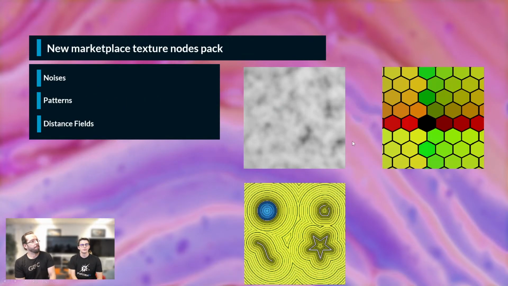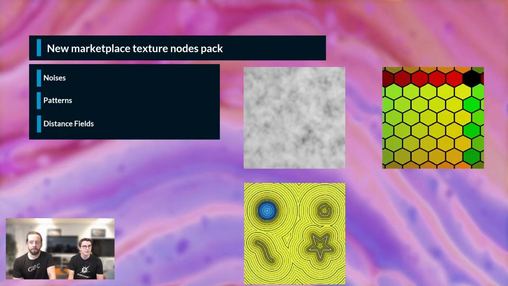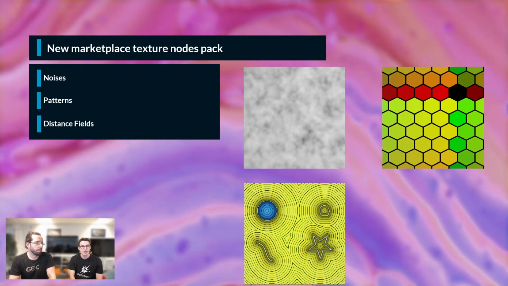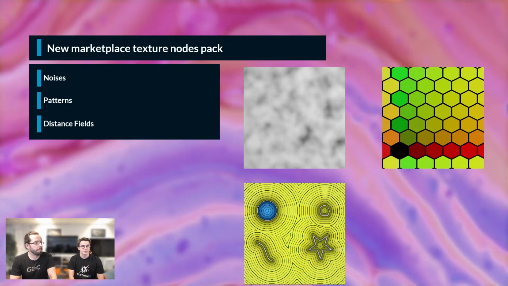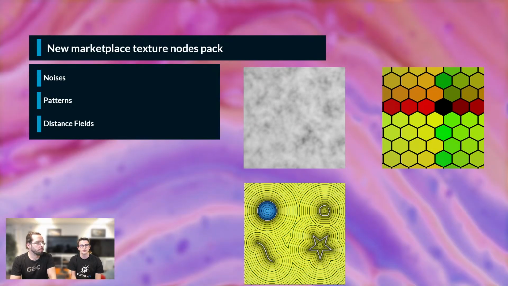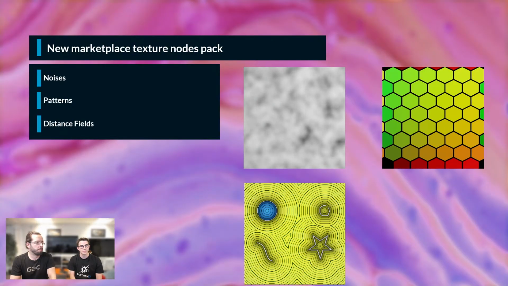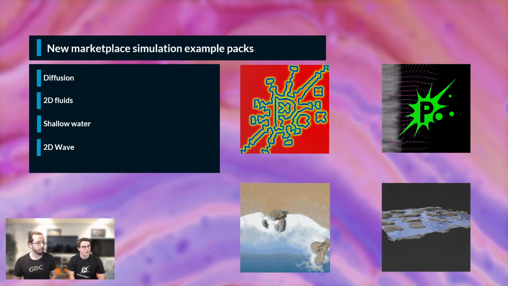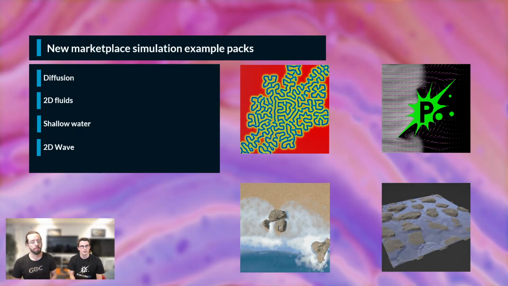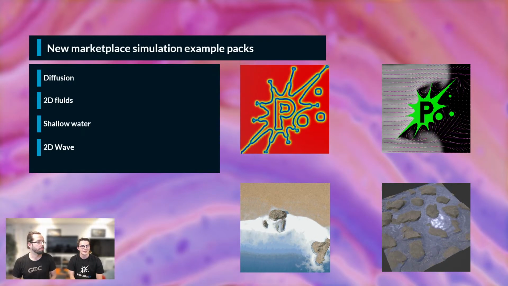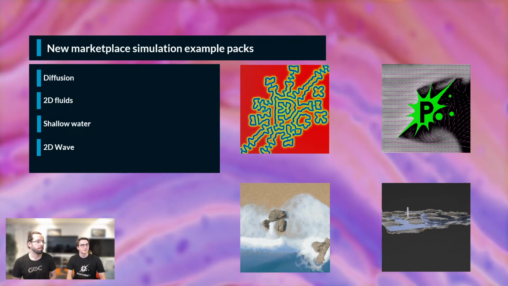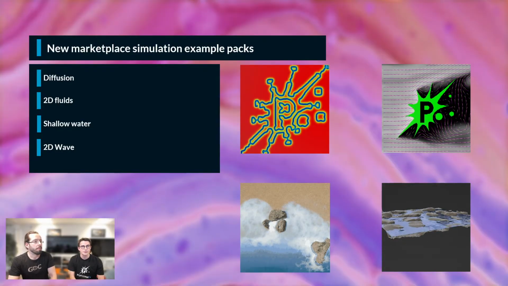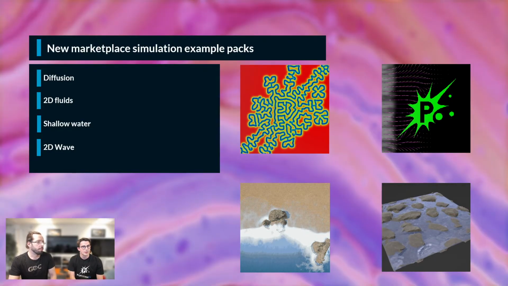To complement the new texture generation stuff, we are going to provide a pack in the marketplace with noise patterns and distance field stuff to allow you to create procedural textures more easily within the editor. And with this version, we are also going to create a new pack on the marketplace that's going to contain simulations, and you can see a few examples of these simulations in action right now.